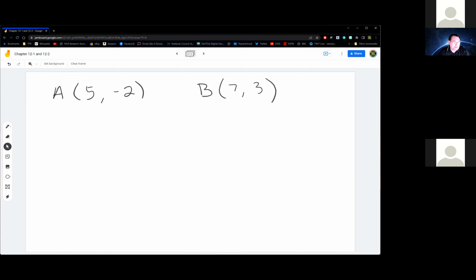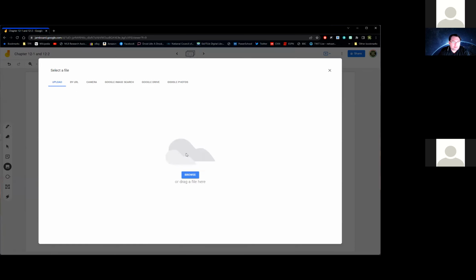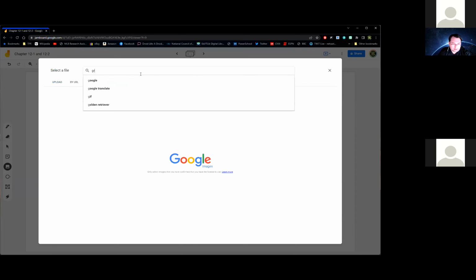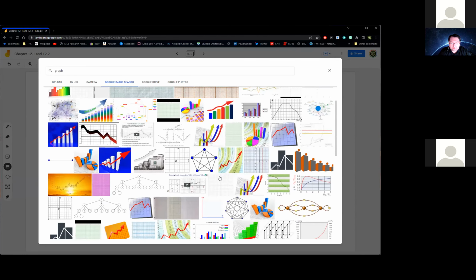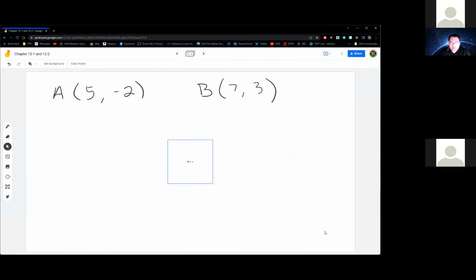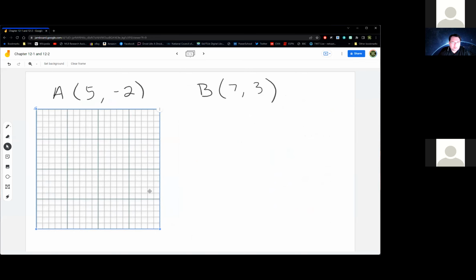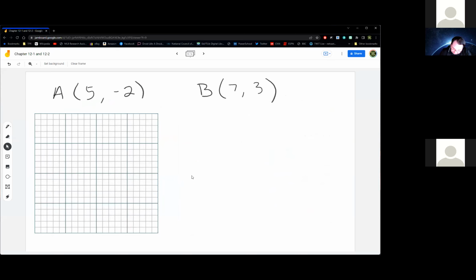So if we look at a quick graph of it, my initial point is at 5, -2, and then 7 and 3. So that is my vector. We're starting at A and we're going to B, and we're going in that direction.